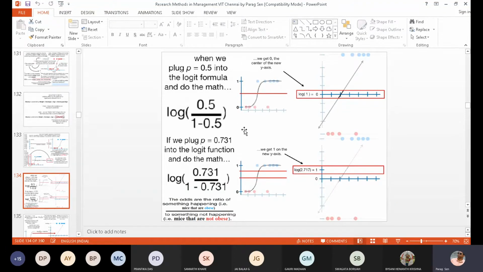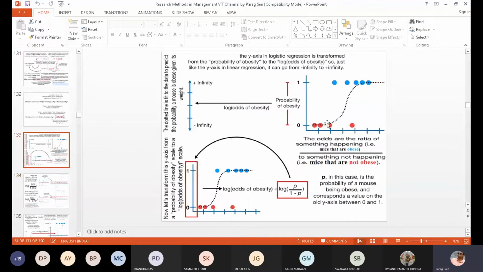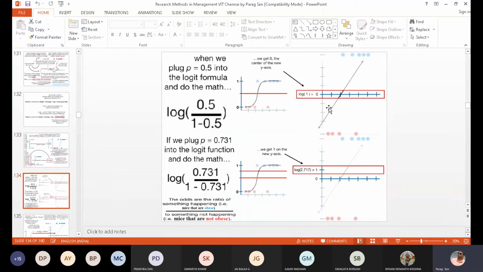Okay, the value of log 1 is equal to 0. So we get 0, the center of the new axis. Okay, so basically you are transforming the y-axis into the log version, log of p divided by 1 minus p.